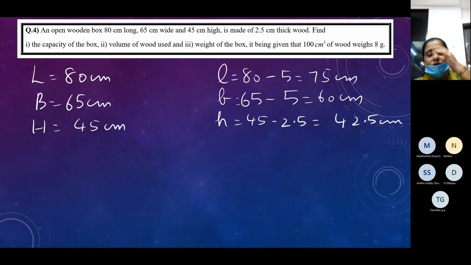Next, children, volume of wood. Ma'am, the external volume.